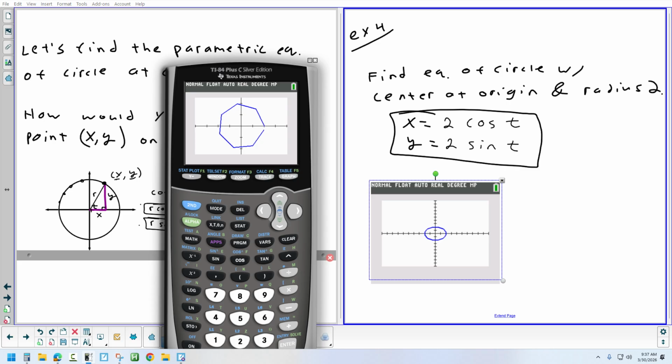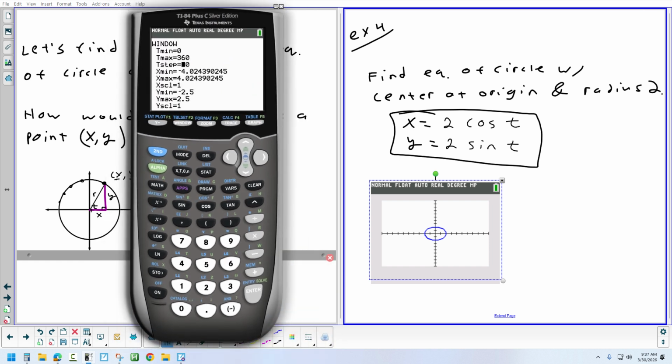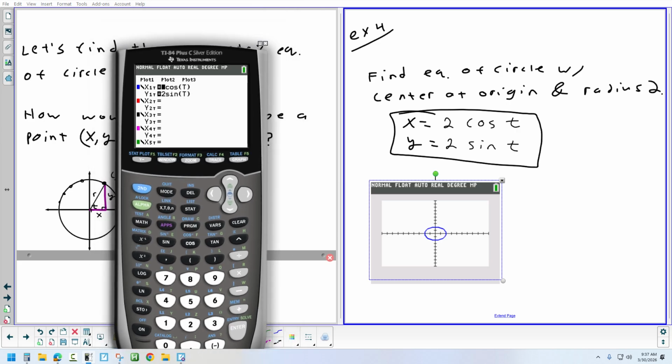And if you want to shift left and right, it's actually easier than what we're used to because we have separate equations. If I want to shift left or right, I add or subtract a number to the x value. I just shifted my circle 2 units right. If I want to shift my circle up or down, I can add or subtract a number to the y value.